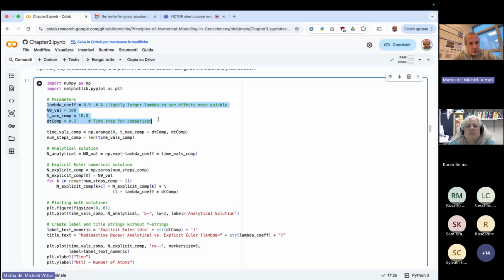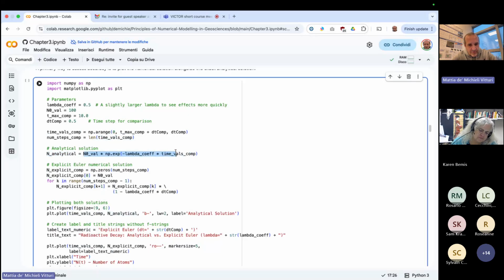Again, we initialize all the parameters. We create the array of the time steps. We compute the number of time steps. And then we can use here the numpy exponential function applied to the array of the time steps in order to define the analytical solution at all the discrete times of our array.